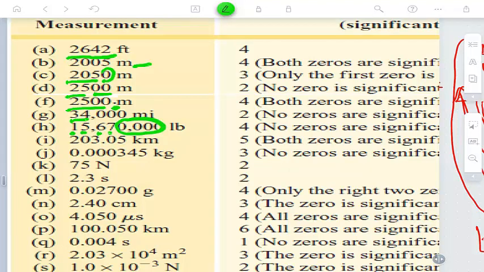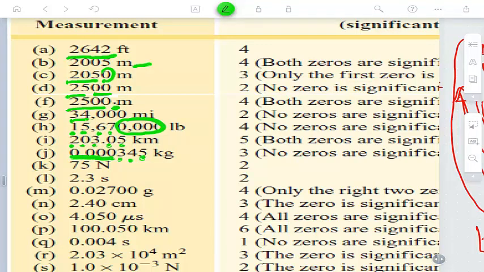Okay, so we have 4 significant figures here. What about this? 1, 2, 3, 4, 5. We count all of them because we have a decimal point here. What about this? 1, 2, 3 only. Why? Because there is no significant figure more than this, because we have these numbers on the left hand side.